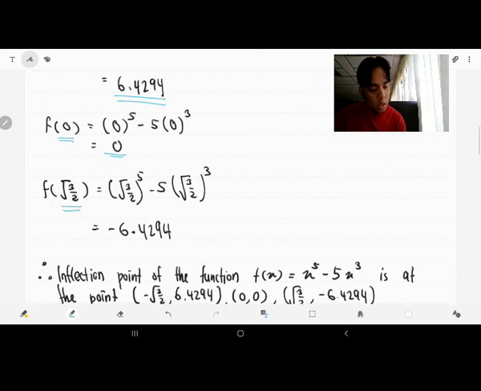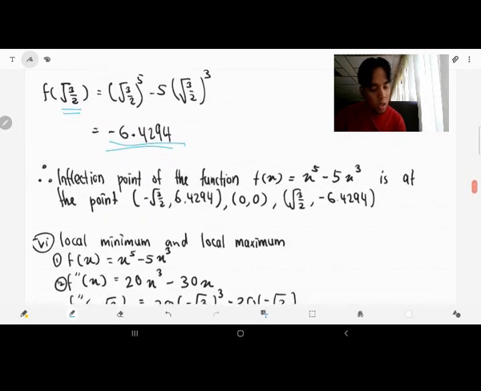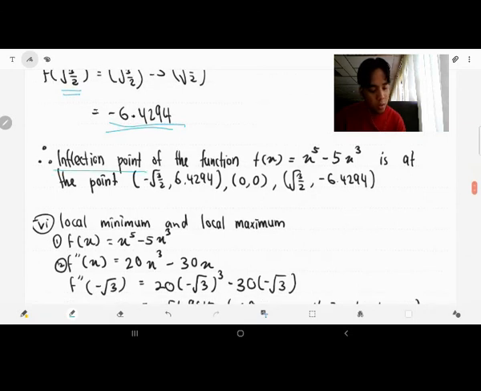And lastly, we substitute x equal to square root of 3/2 into f(x), and we get negative 6.4294.